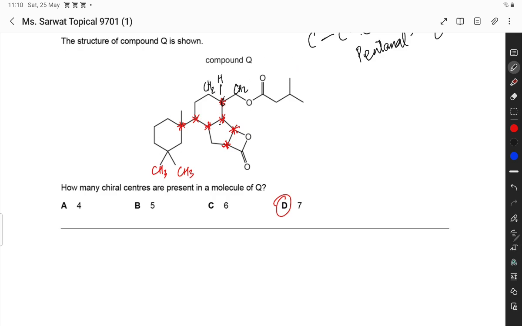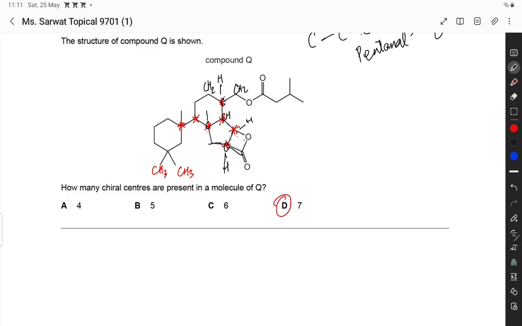So this is a chiral carbon. This is also surrounded by 4 different atoms. This carbon is also surrounded by 1, 2, 3 and H. So this is also a chiral carbon.